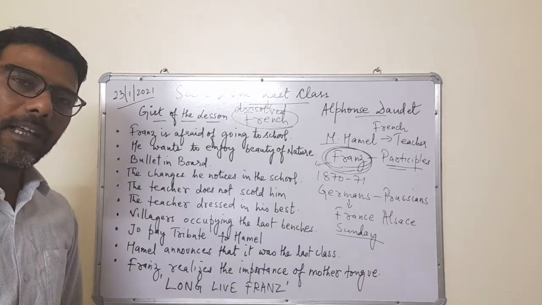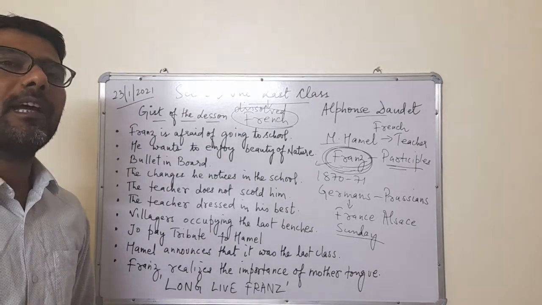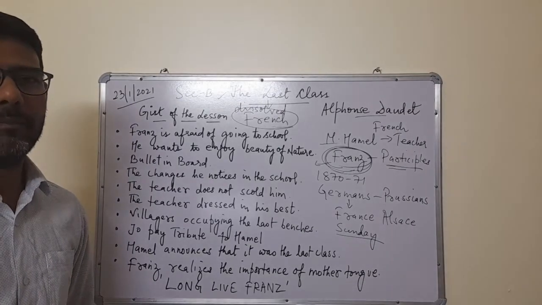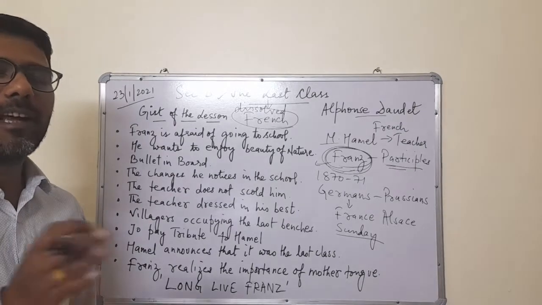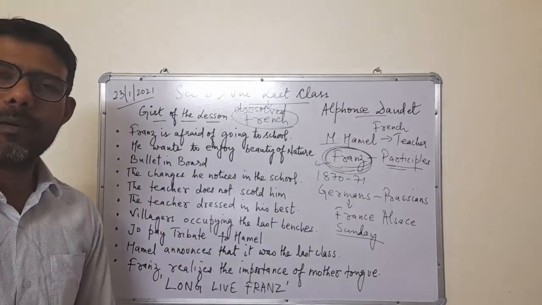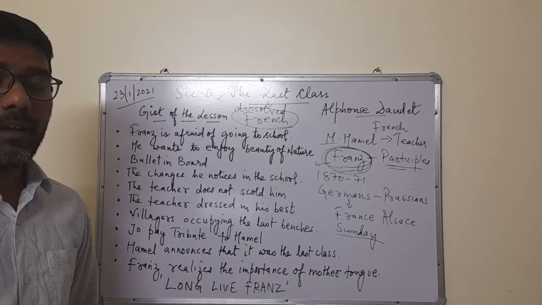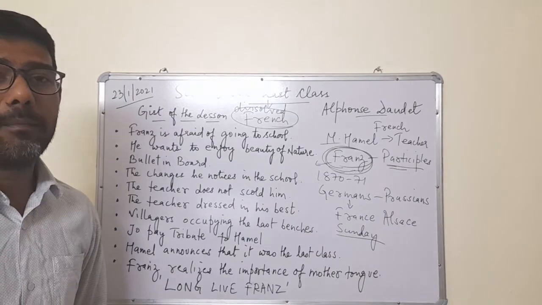So at the same time, he was teaching the language French and even preaching the importance and significance of the French language to them. And then Monsieur Hamel said that since the entire province would be ruled by Germans, they would not be allowed to learn French anymore. Now listening to this, Franz was quite disturbed and perplexed.